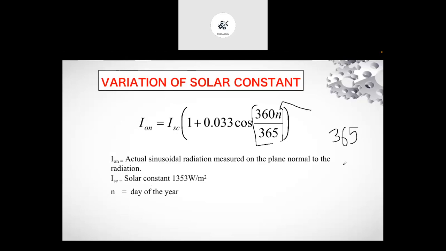Generally, one year has 365 days; if it is a leap year, it will have 366 days. So n is the number of days counted from 1st January. By using this formula, you can calculate the actual solar constant on that particular day.